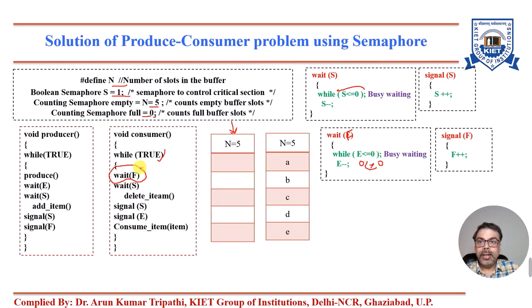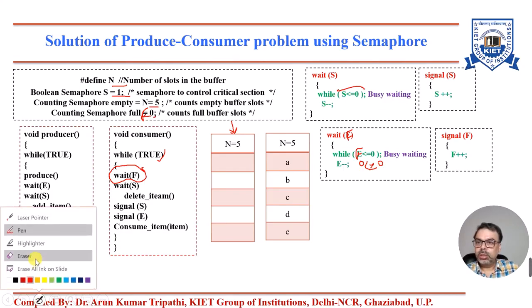I am again repeating: it will call wait F, where F, full, has the value 0, so F is less than or equal to 0, the condition is true, and it will be in an infinite loop, meaning there is no item in the buffer.